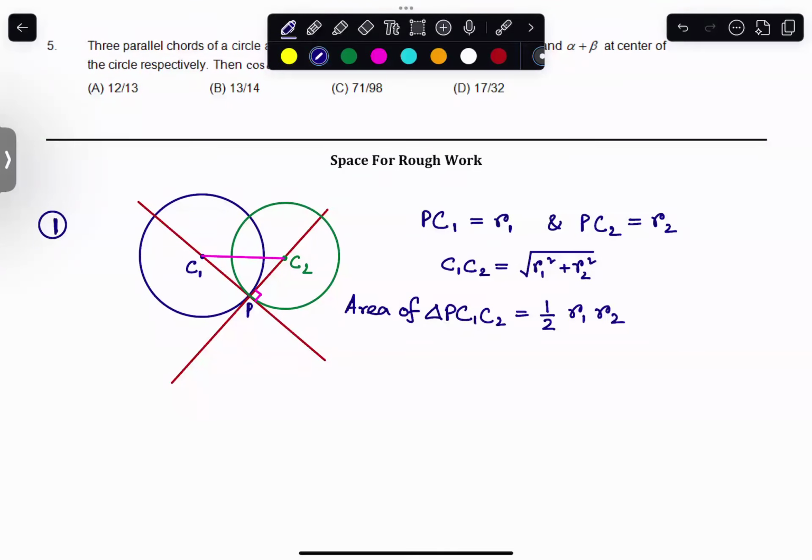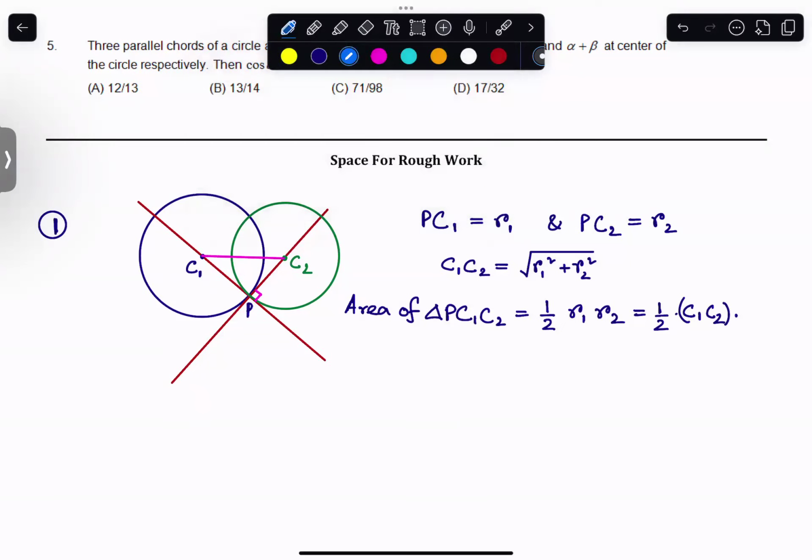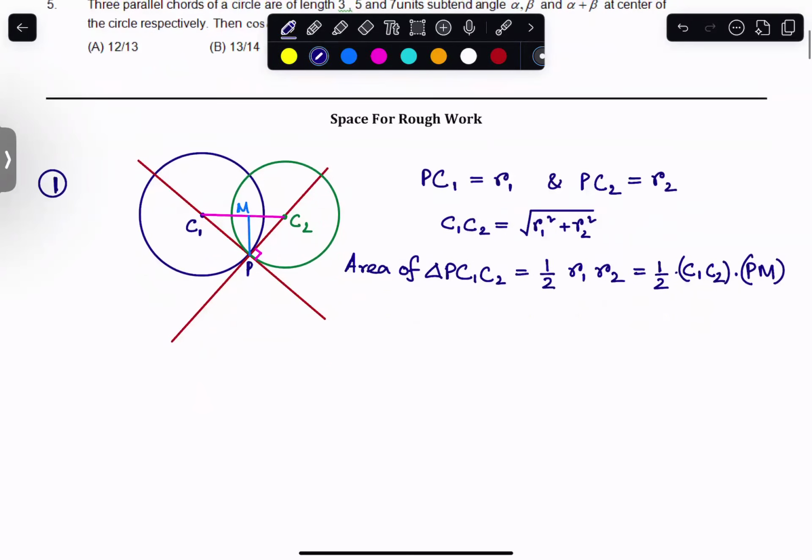The same area can also be written as half into C1, C2 into, let's mark this as PD or PM. Is this comparison okay with all? Yes, sir.